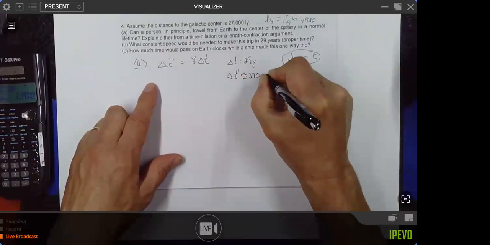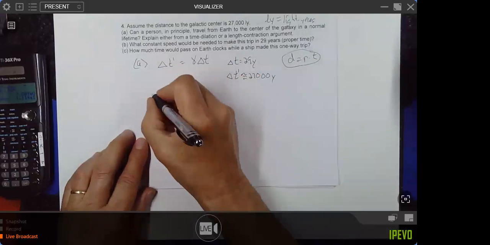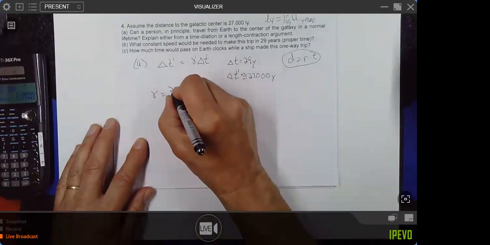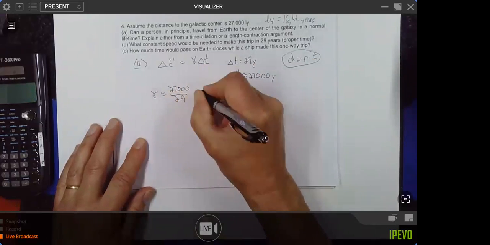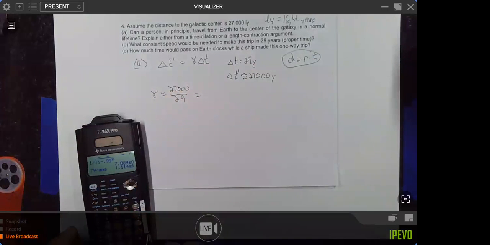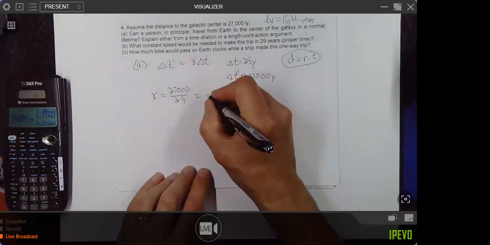Actually, the 27,000 light years is approximate anyway, so that works out. So gamma is going to be 27,000 divided by 29, which is something or other. And we would get 931.